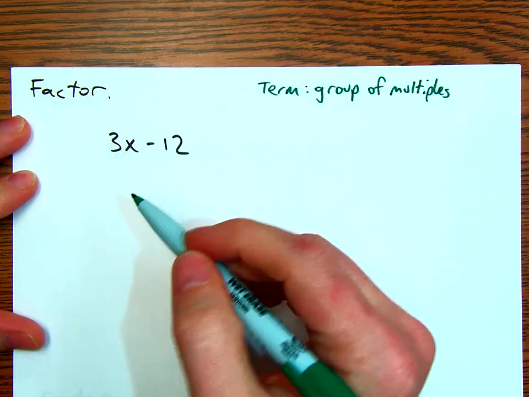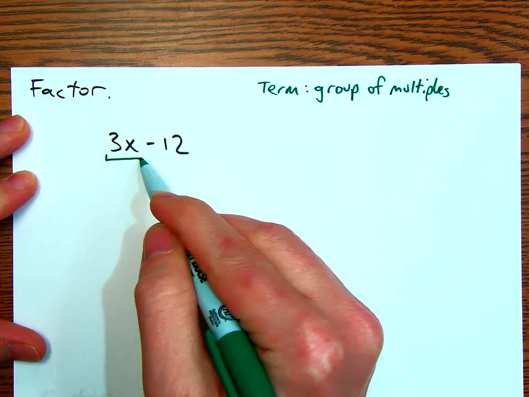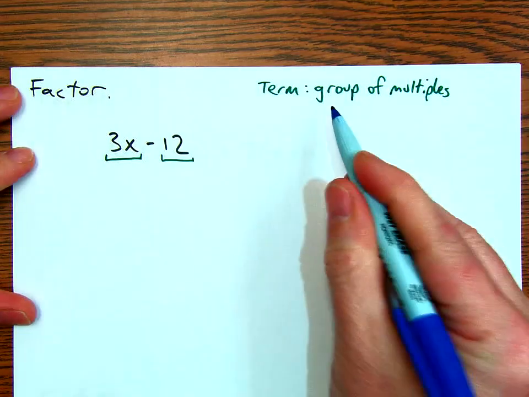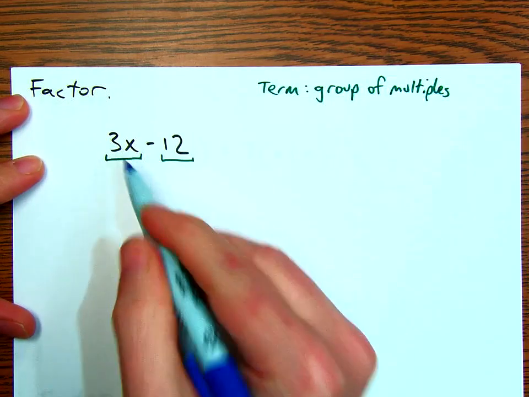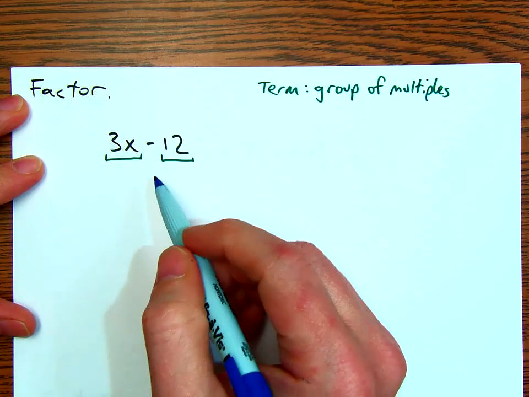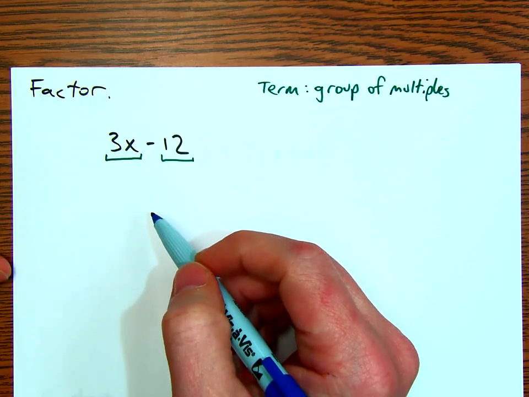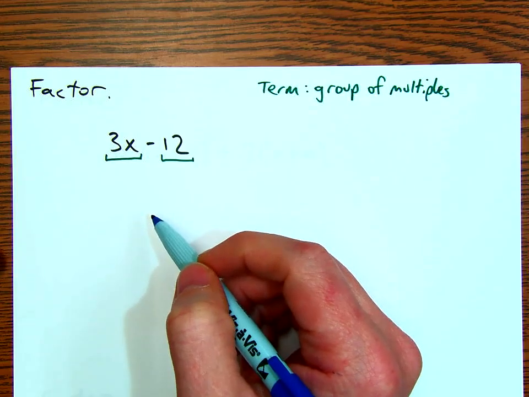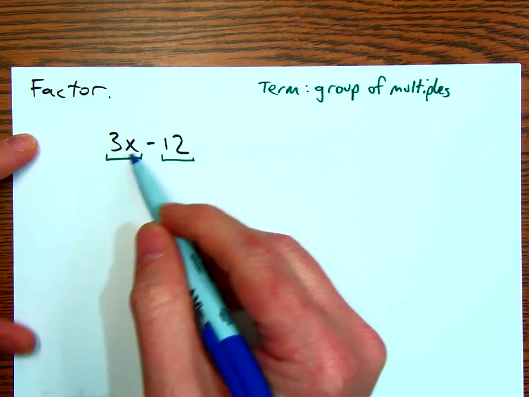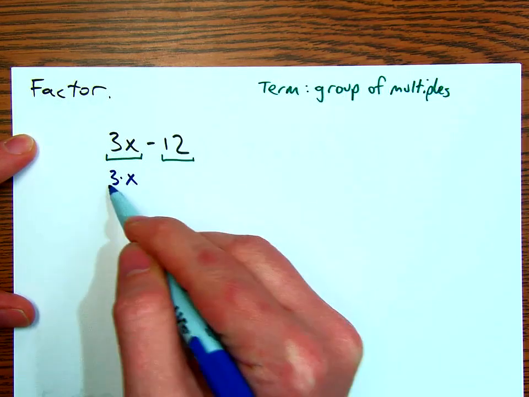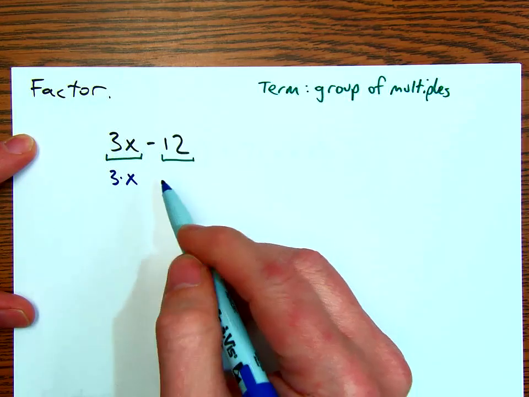So in this case, this expression has two terms. Right, there's the two of them. And we can see the groups of multiples by thinking about what it is that's being multiplied together. And then the first step that we're going to look to do is factor out a greatest common factor. So in this case, this first term, we can think of it as 3 times x, so we can see each multiple in this term.